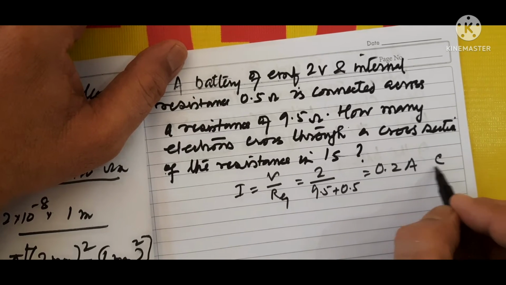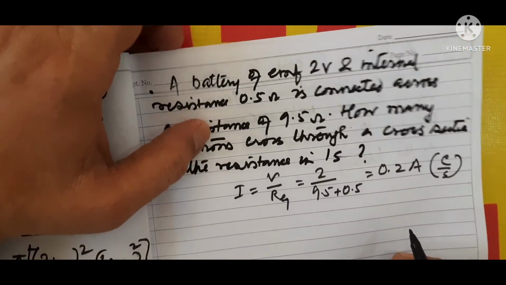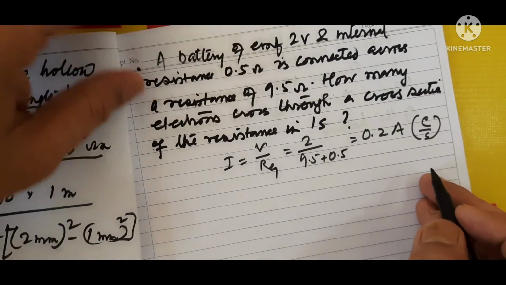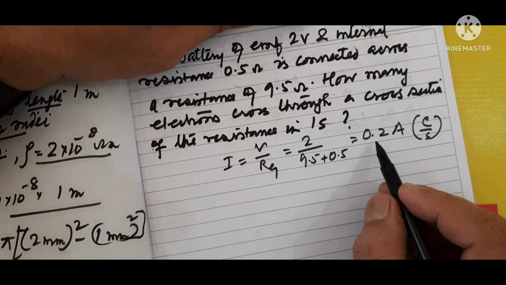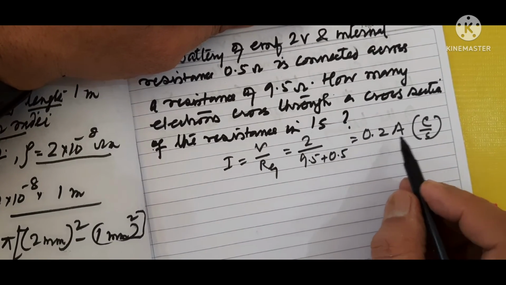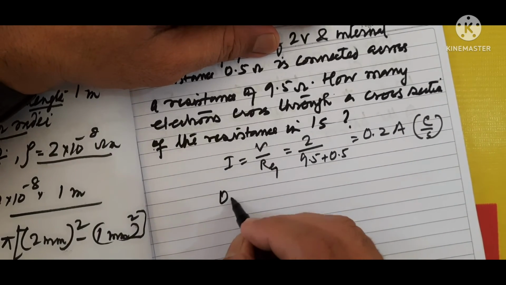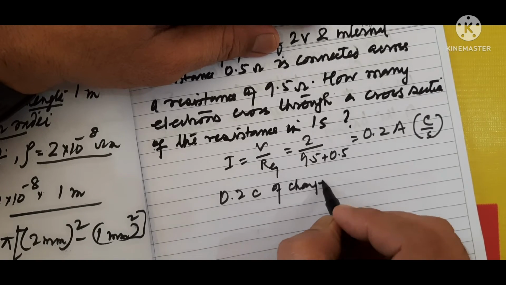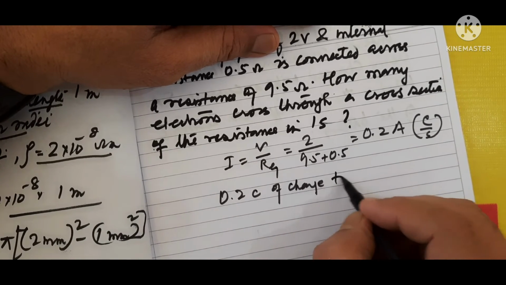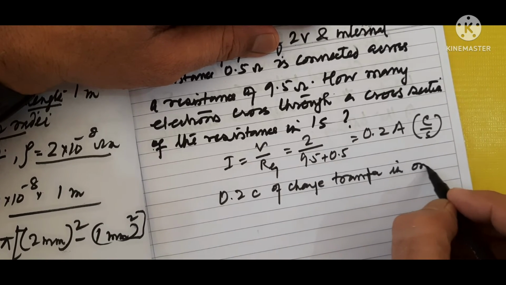Ampere means coulomb per second. Right? Coulomb per second means what? This much, 0.2 coulomb of charge flows in 1 second. So we can write 0.2 coulomb of charge is transferred in 1 second.